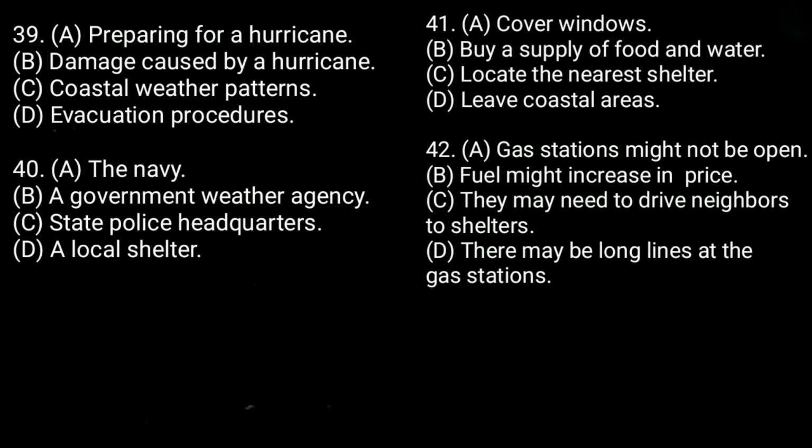Number 41. What should people do before hurricane season begins? Number 42. According to the announcement, why should people fill their cars with fuel before a hurricane?